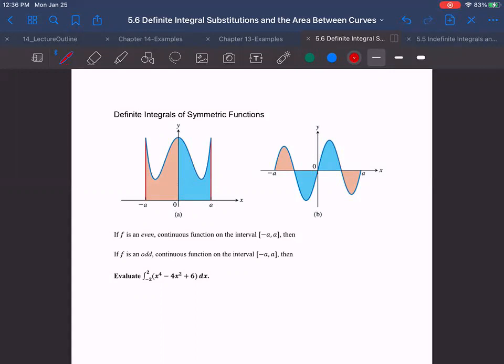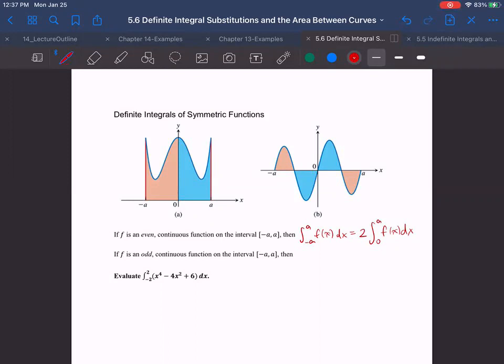So if you're doing an integral from -a to +a of f of x dx, it's just going to equal 2 times the integral from 0 to a of f of x dx. Right? Because the area to the right of the axis is the same as to the left. And so if it's symmetric about the axis, you only really need to do one side of it and then double it.